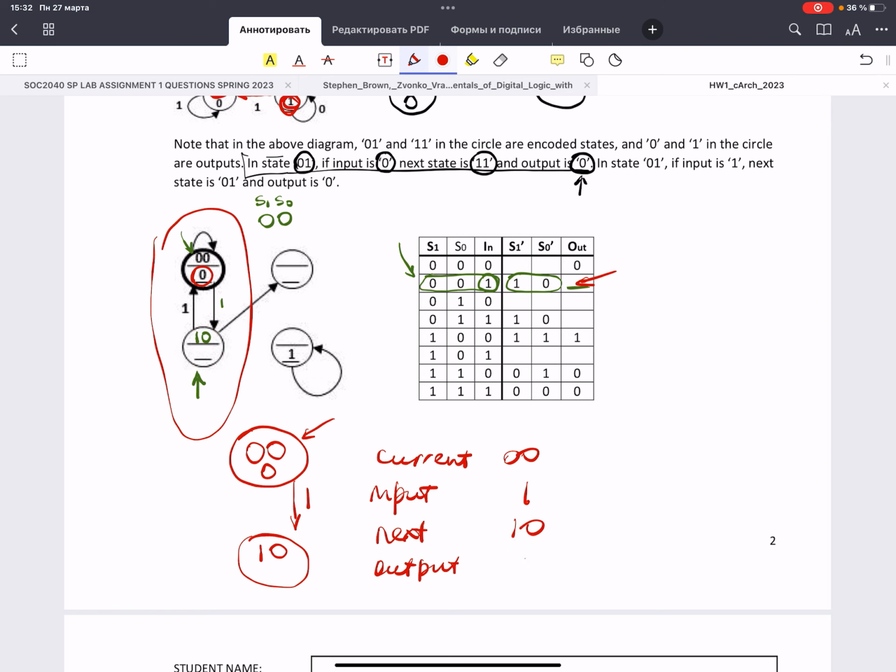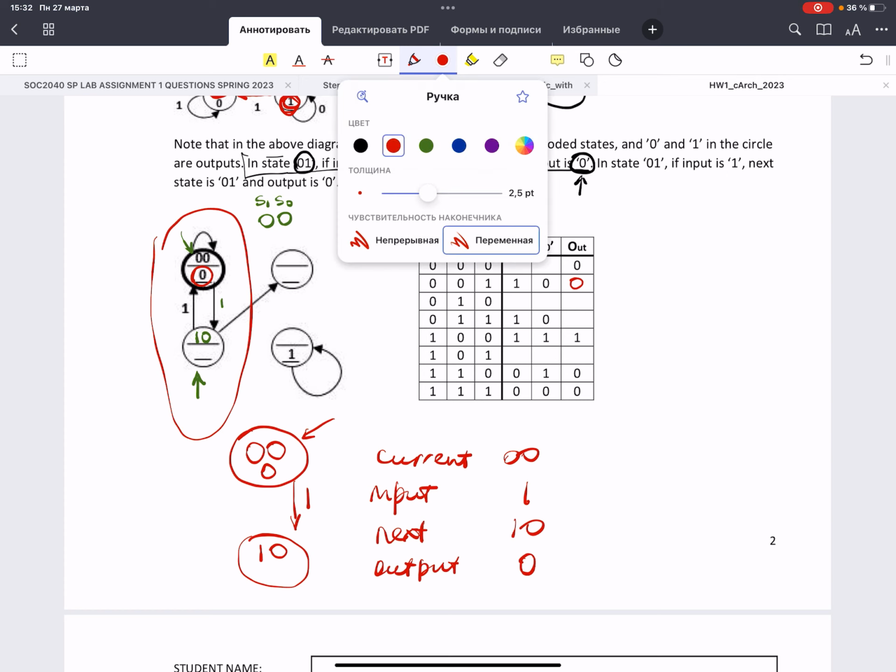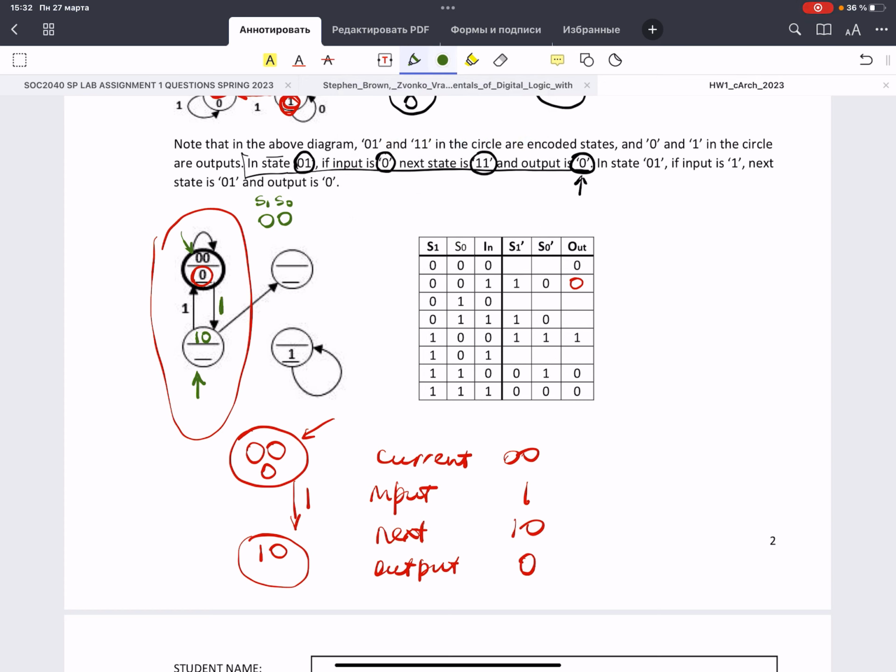So the input is 0. I feel here 0. I think it's clear for you, right? I'm filling in 1, 1 here, because it's given: if the current state is 0, 0 and the input is 1, I'm assuming, then the next state is 1, 0.